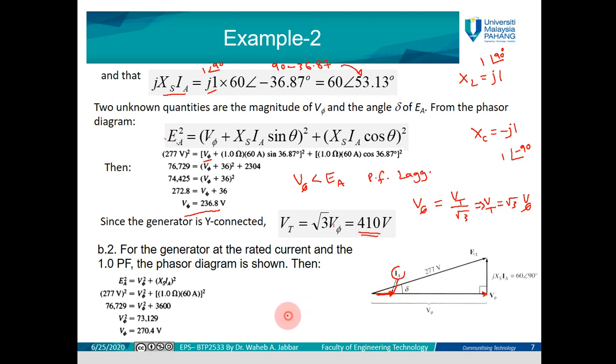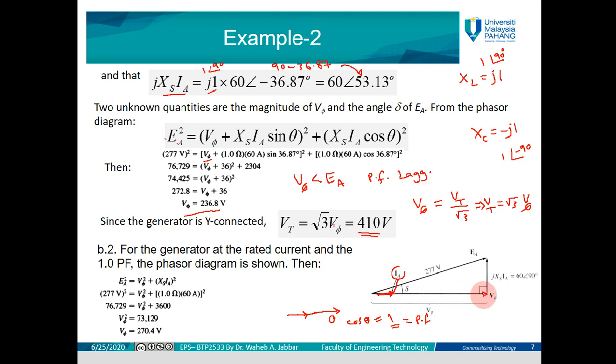No angle. If I have a line and then I have a line on it, the same line, what is the angle between these two lines? It is 0. So cosine 0 is equal to 1. This is the case of power factor equal to 1. That means the angle between the current and voltage is equal to 0. No lagging, no leading, they are in phase. So in this case, the power factor equals 1.